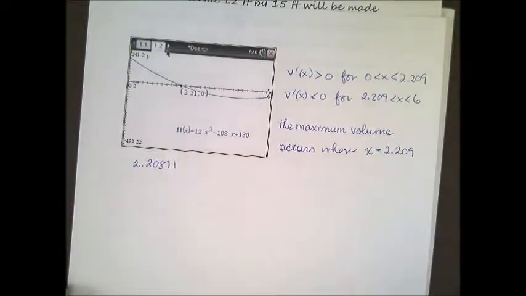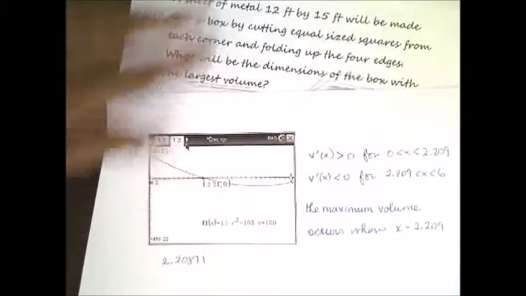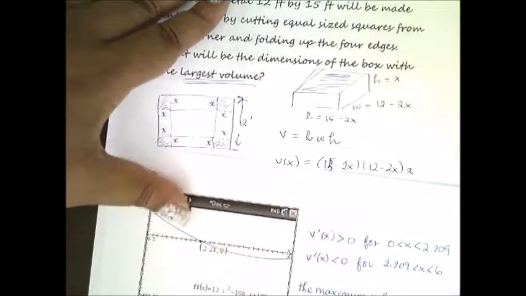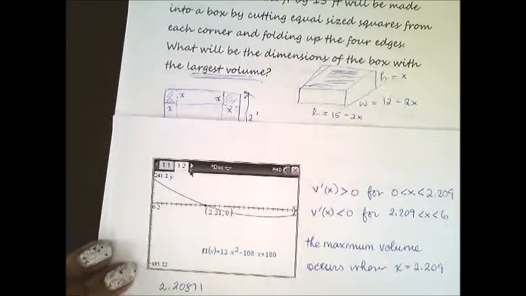So let's go back to the question. The question asks what are the dimensions of the box, and I'm going to see if I can get both of these things to show up at the same time. Here's my volume equation. Well, actually, all I need is the picture, right? Length, width, and height.